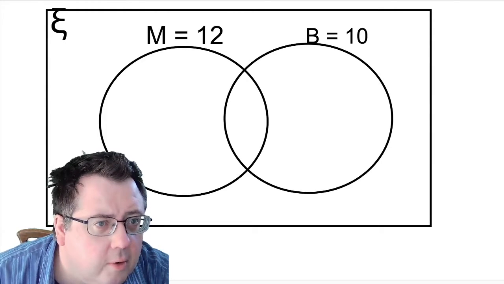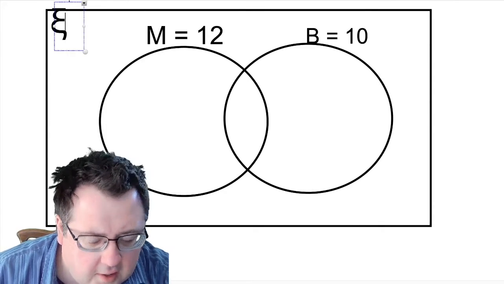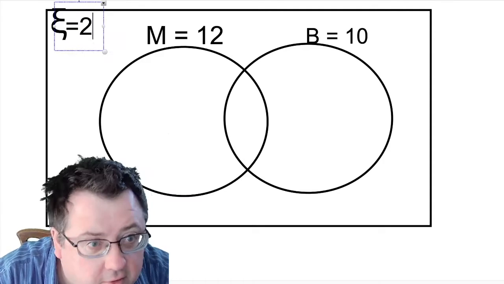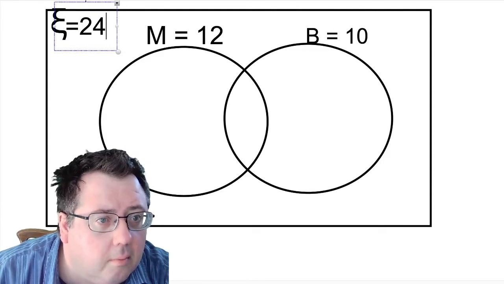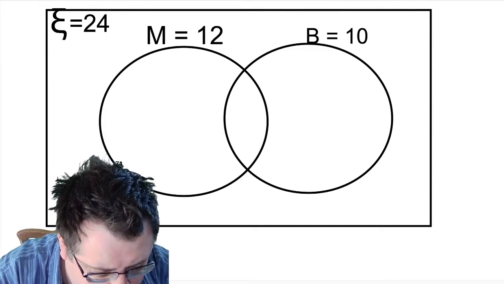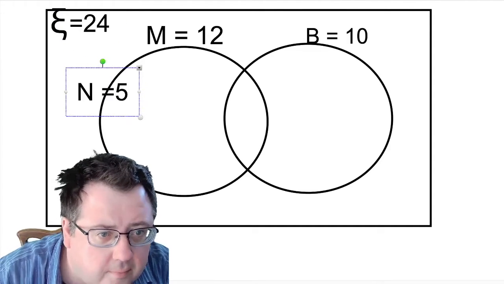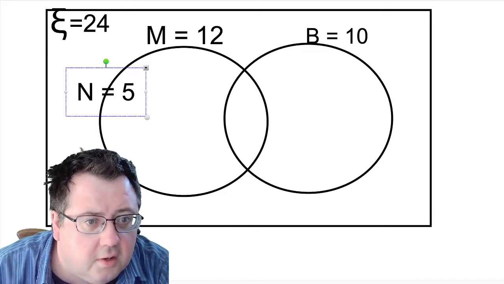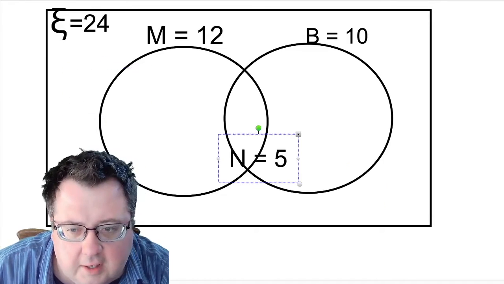we'll start the same way. E will equal 24, and N equals 5. Let's move that down here.